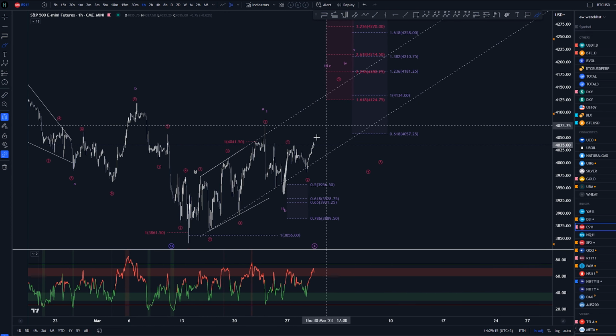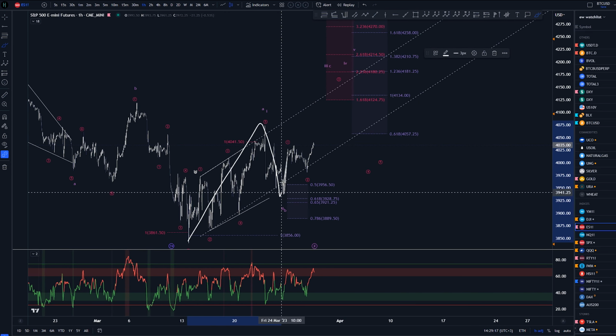There is a chance that we are now going to be creating this 1, 2, 1, 2, 3, 4, 5 into these highs. It can be, of course, this wave A as well, and then we would be turning more bearish. Overall, bullish would be around the 1.618, at which we would be starting to prefer the third wave here instead of a C wave.